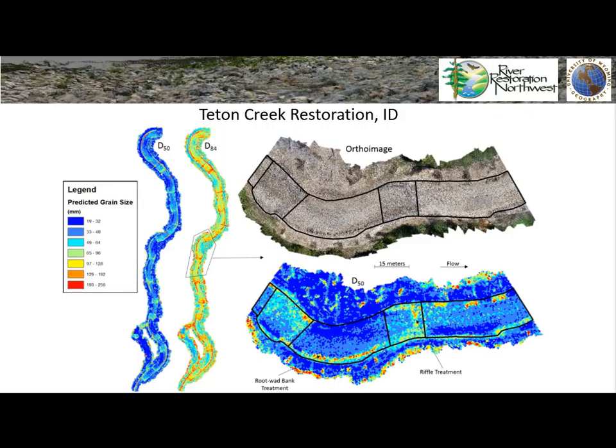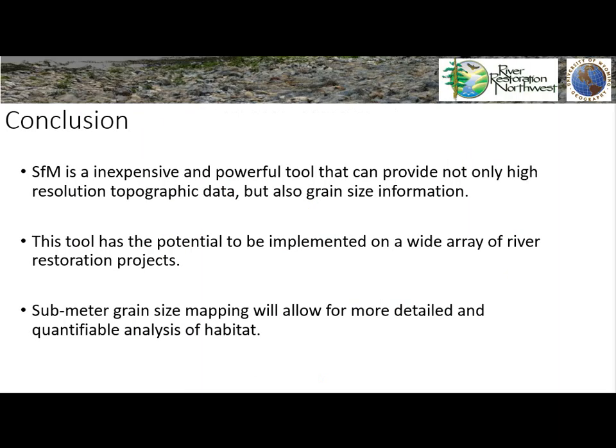He's able to make continuous grain size maps for the D50 and the D84 and roughly account for 80% of the variance using the linear regressions he calculated. So this is a really useful tool for river restoration practitioners, as well as any river scientist interested in calculating and mapping grain size.